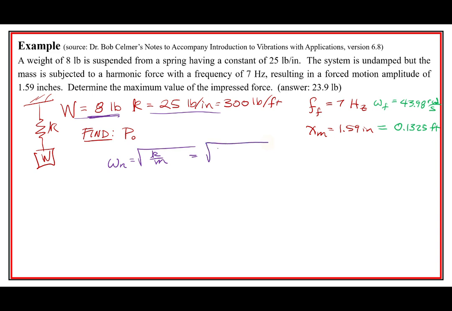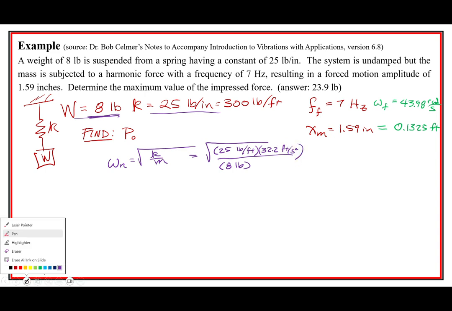So we take our K, 25 pounds. I'll do the units again because it's worth remembering. Divide by 8 pounds, but you need to divide that by 32.2. So multiply up at the top by 32.2 feet per second squared.